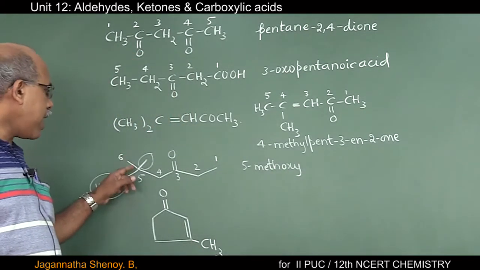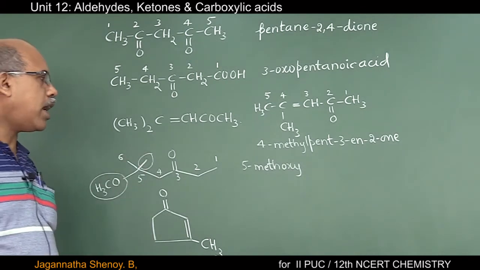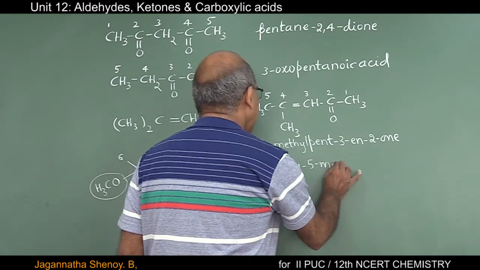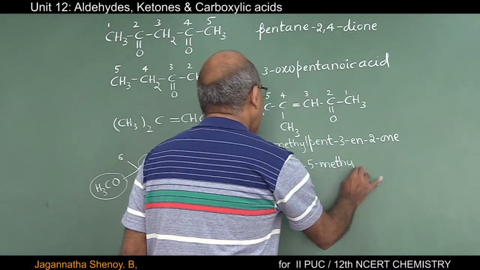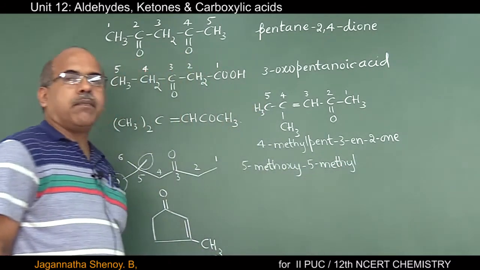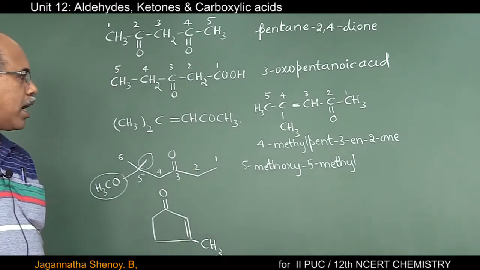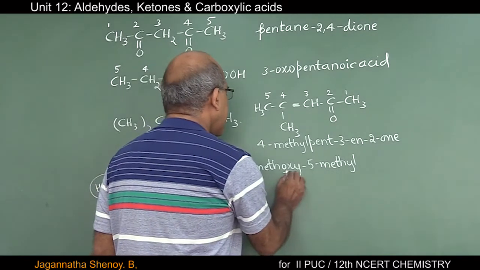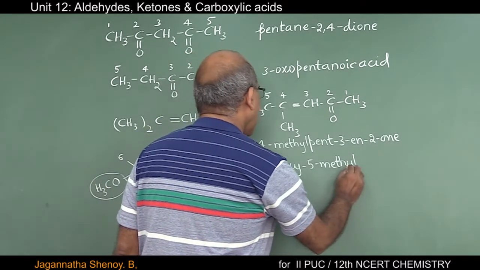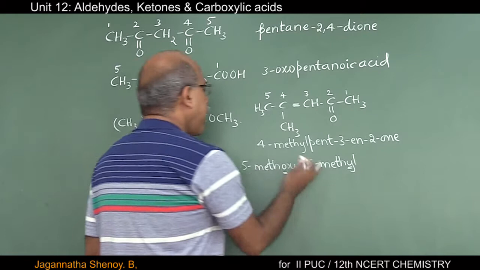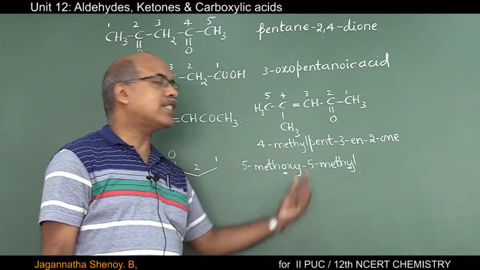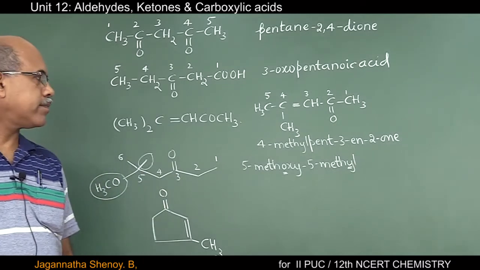Then on the same 5th carbon atom we have a methyl group. I'll write it as 5-methyl. So between methoxy and methyl, methoxy comes first because if you consider O and here Y, O comes before Y because first 4 letters are the same, meth.